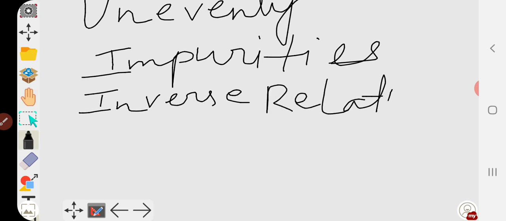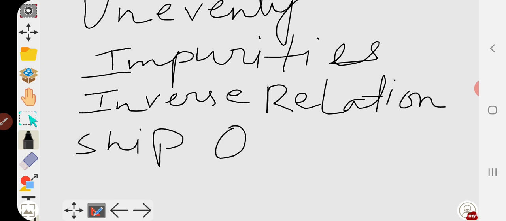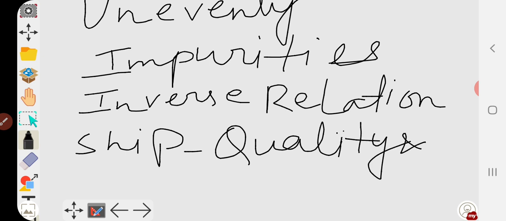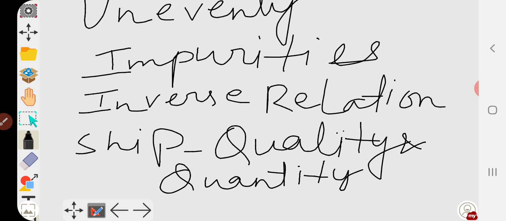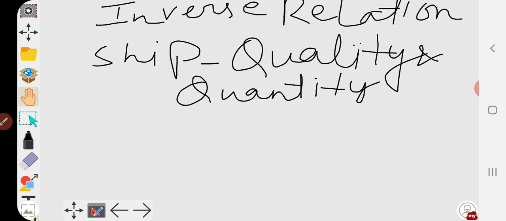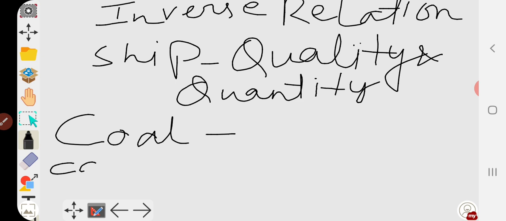Now, what does this indicate? I am just giving an example of one thing, that is carbon. From carbon, we get two very important minerals.